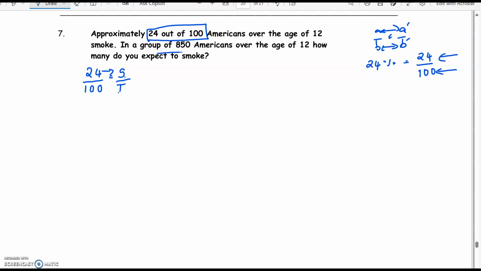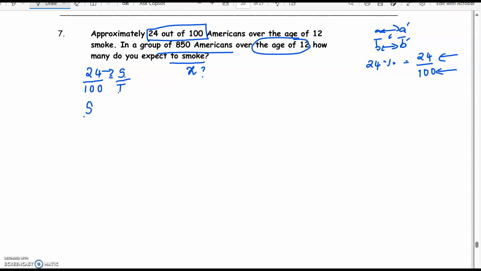And in a group of 850 Americans, which is the total number of Americans over the age of 12, which is the population, how many do you expect to smoke? Which means we don't know what that is. What is x, the number of smokers, if the total number of Americans is 850.